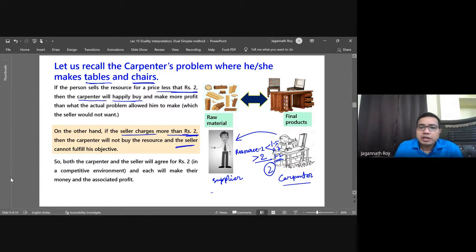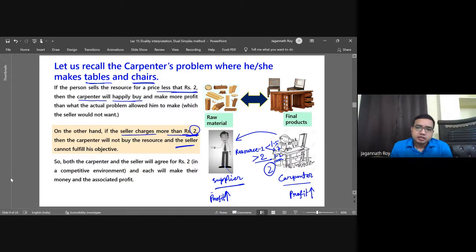So the supplier will also be trying to increase his profit, and the carpenter will also try to make and increase his profit. So if this resource 1 is sold at 2 rupees, only then both of them are happy, they are balanced.